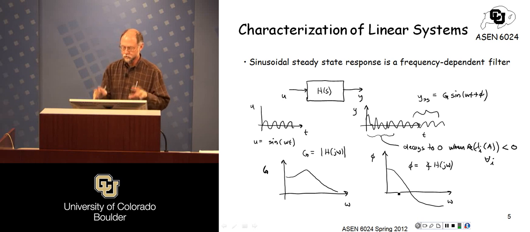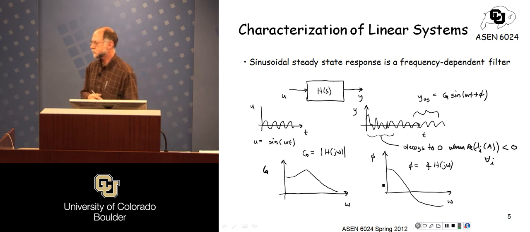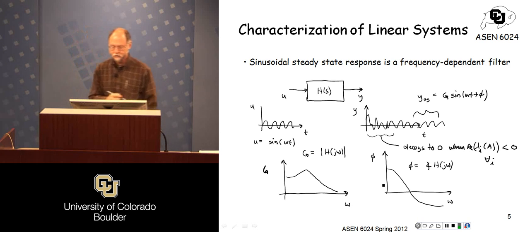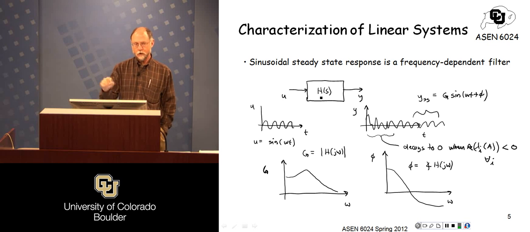So again, this was used for great insight and great advantage for design purposes, because often we have some idea of what these functions ought to look like to satisfy our objective. So for example, if we have a system like this h of s, and we wrap a control loop around it, and we want that control loop to track a reference trajectory accurately, what would I want the closed loop transfer function here to look like? It wouldn't be h anymore, the plant, it would be the closed loop transfer function.